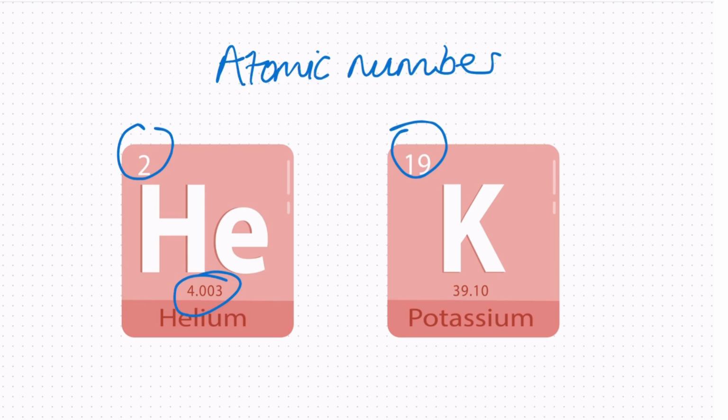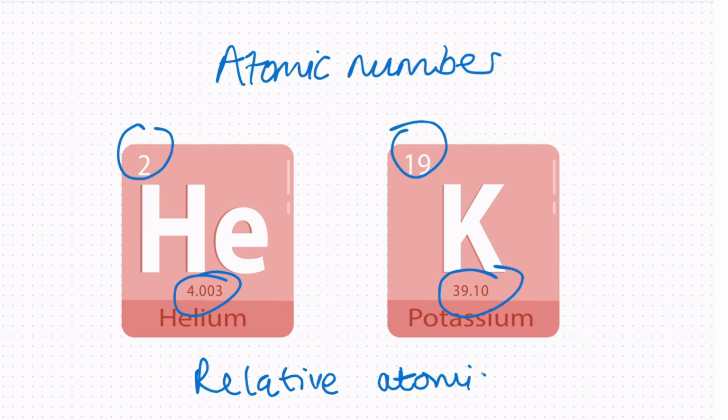And this information here is the relative atomic mass. So it will give you an idea of the size, and it will help you work out the number of neutrons and protons in the element as well.